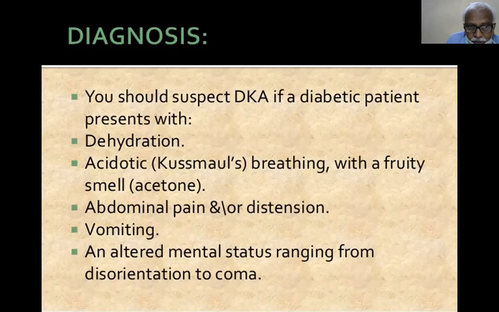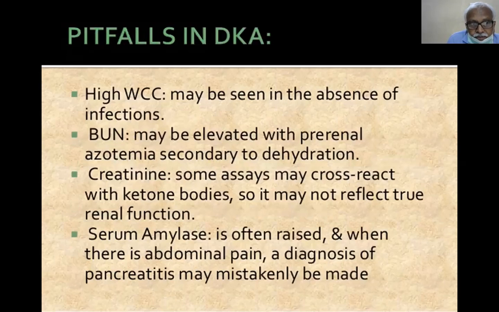So he is already a diabetic person, and if he presents with these features, and if the persons accompanying him tell you that he is a diabetic, then you have to suspect diabetic ketoacidosis.